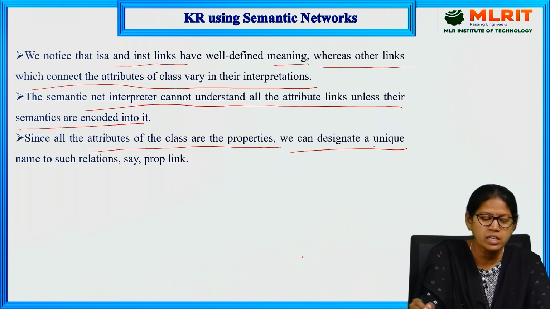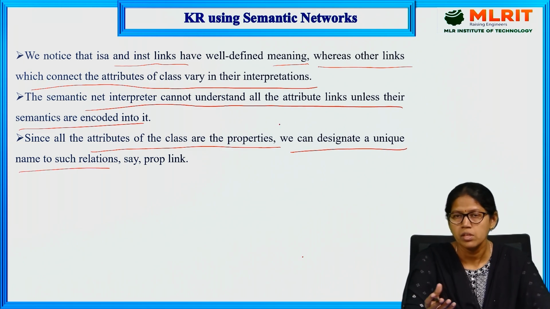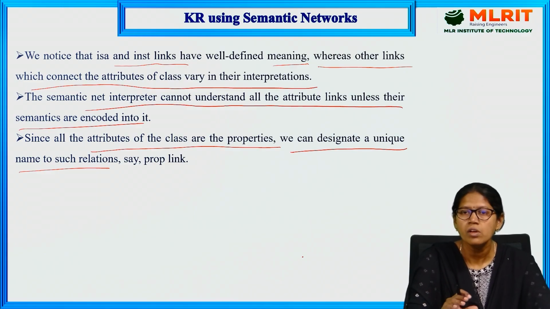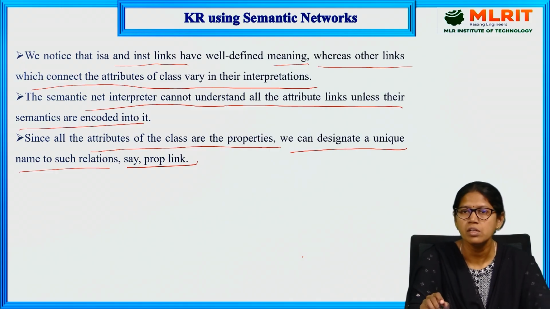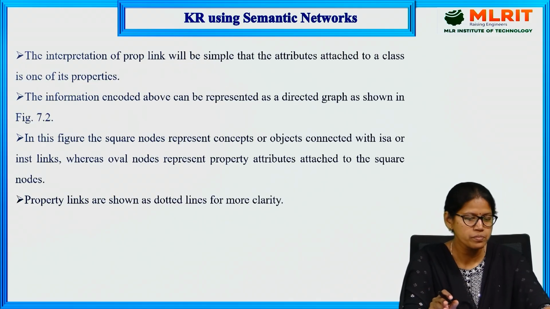We can designate a unique name to such relations as the prop link. Instead of giving different relation names such as can eat, has fur, has skin, can move, simply we are giving the prop link. So to all the attributes we can give prop.